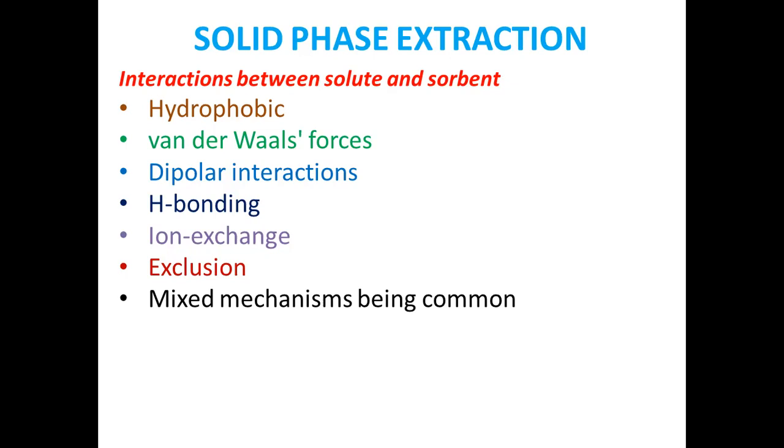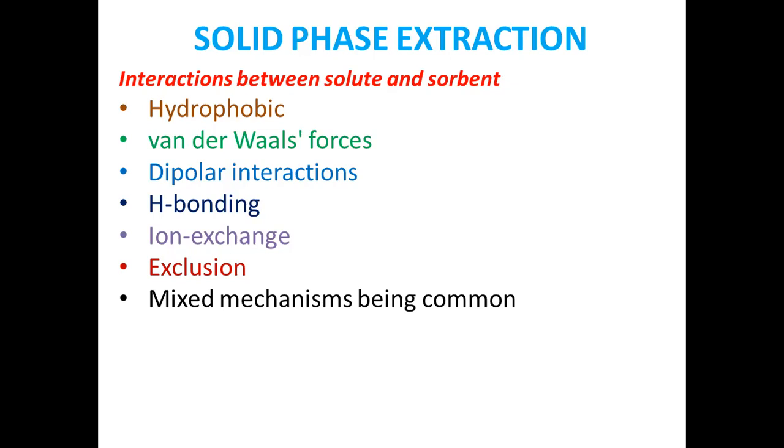The sorbent is prepared in such a way that after making it wet and sufficiently conditioned, the pores of the sorbent material will become responsible for entrapping the solutes present in the sample.